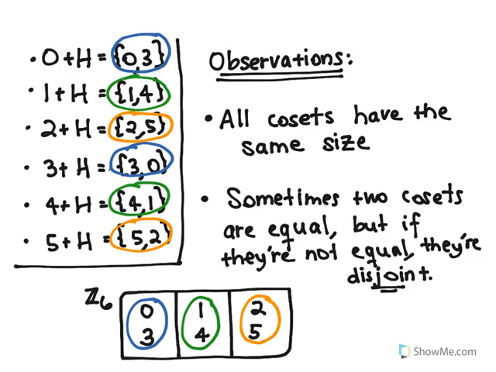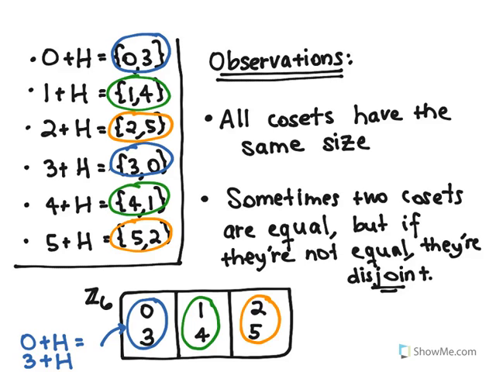So maybe a visual way to think about what we've done in this example is that we've taken all of the elements of Z6, so 0, 1, 2, 3, 4, 5, and we've kind of chopped them up into these three buckets. In the first bucket, there's 0 and 3.